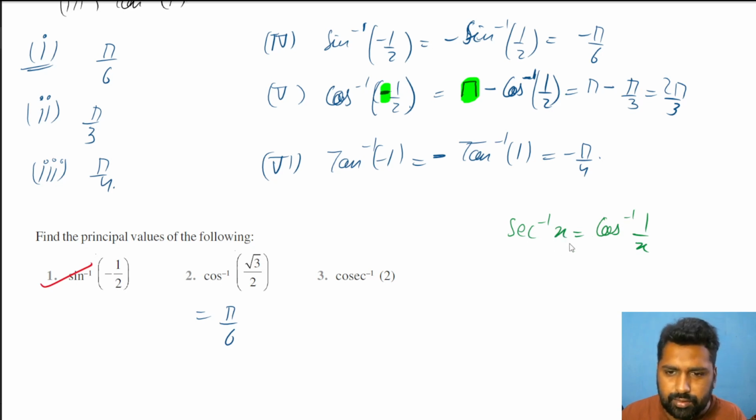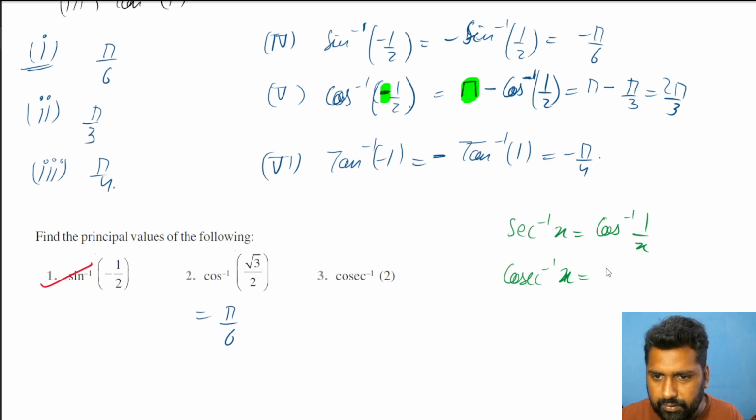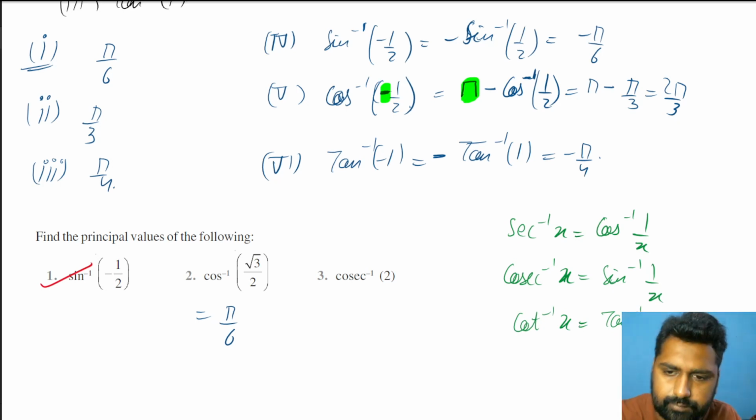You have to reciprocal the inside value. Same with cosec inverse: cosec inverse x is sine inverse 1 by x, and cot inverse x is tan inverse 1 by x. Done.